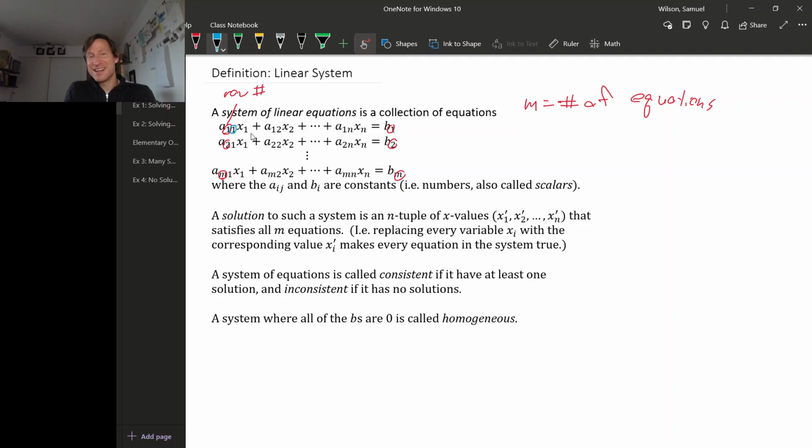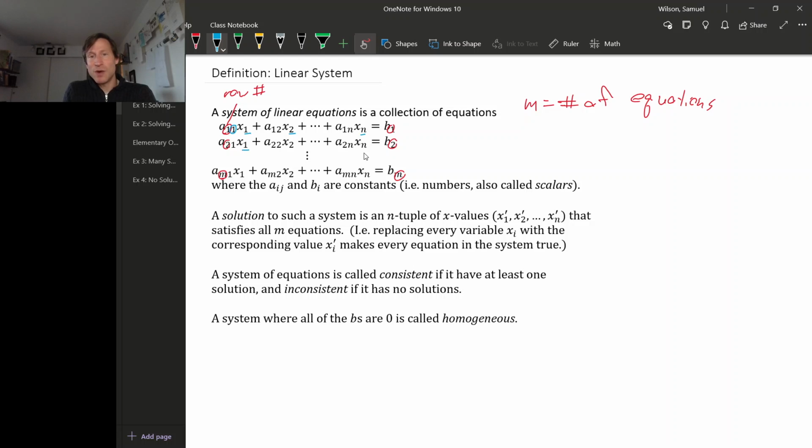Notice that the variables also are subscripted, since, unless you're talking about a particular system of equations, you don't know how many variables you might have, and so you need to number them, because you can't use different letters when you don't know how many letters to use. So the x's also have subscripts, and they go from 1 to n.